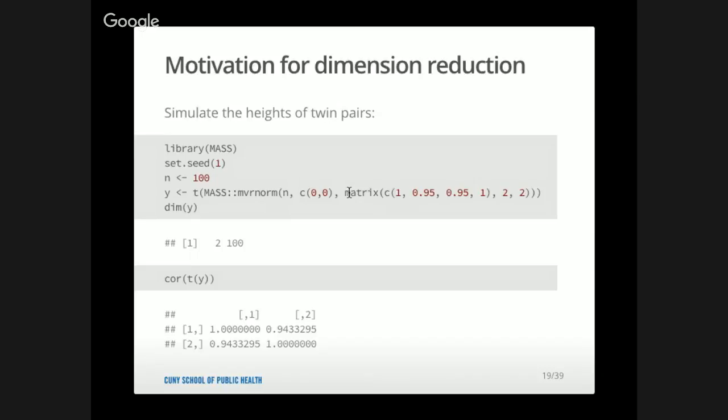And this matrix has ones on the diagonal, meaning that each variable has a correlation of 1 with itself, and they have correlations of 0.95 to each other. So this will create a 2-column matrix that for large enough n, the correlation between those 2 columns will be 0.95, and they will both be random normally distributed with mean 0 and variance 1.